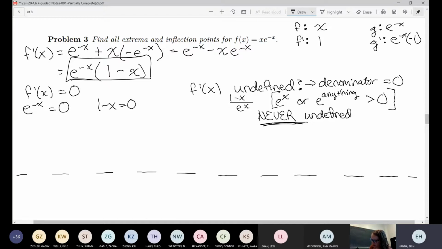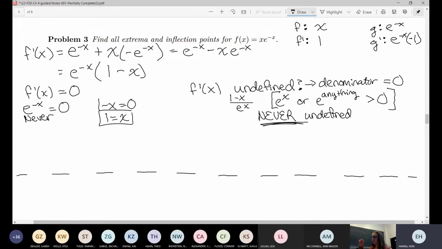But again, e to anything is never equal to 0, so that never happens. And then we get x equals 1 from the other piece. So we found the derivative, we found our critical points, and we just have one of them, x equals 1.